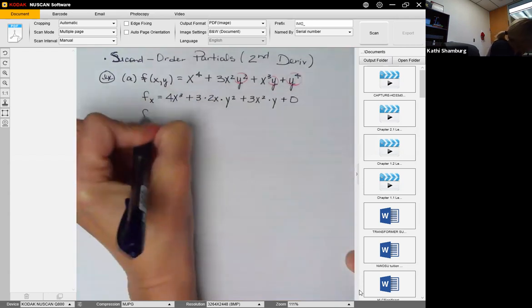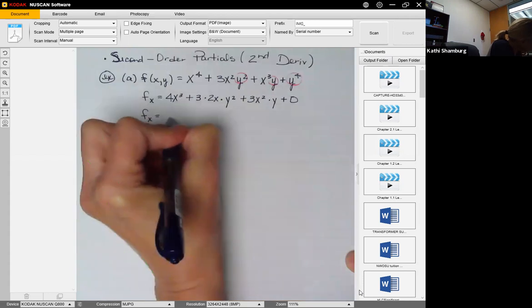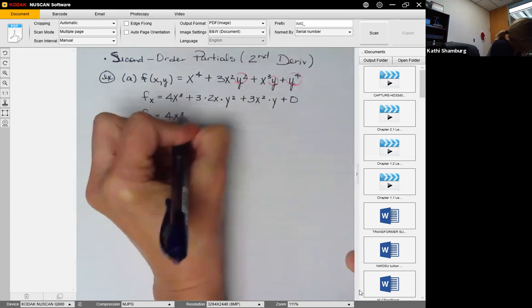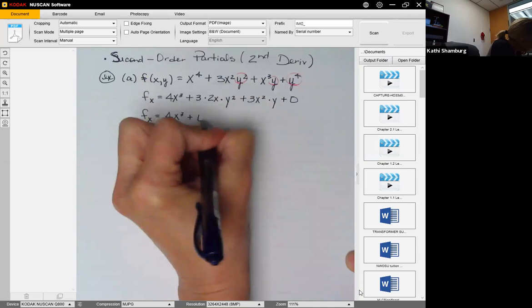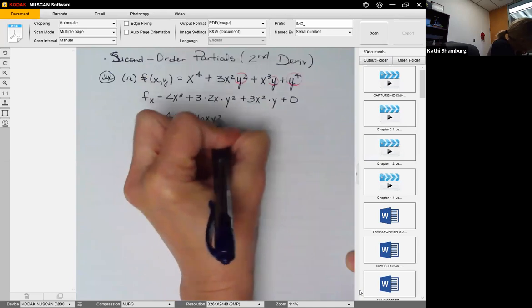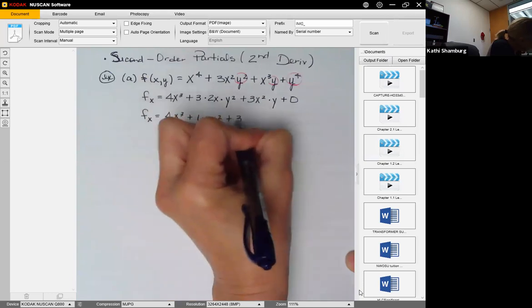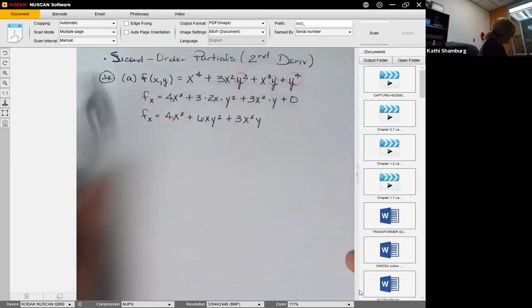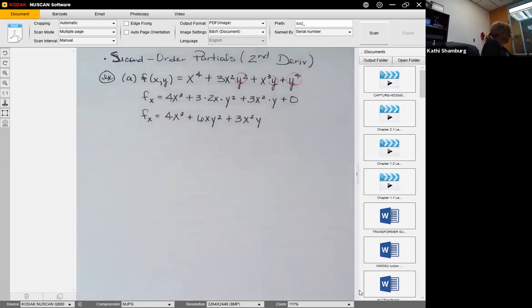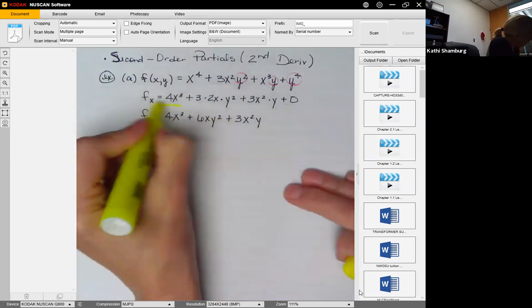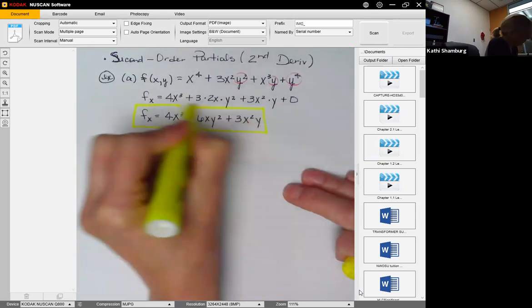So I'm just going to clean that up. 4x cubed plus 6xy squared plus 3x squared y. All right, so here's the first derivative right here.